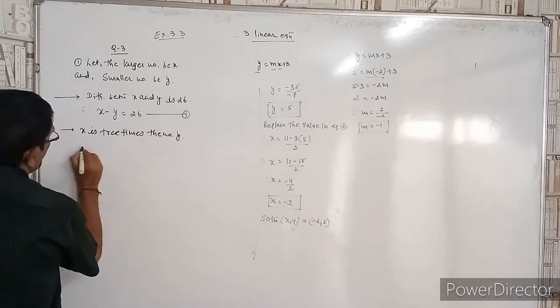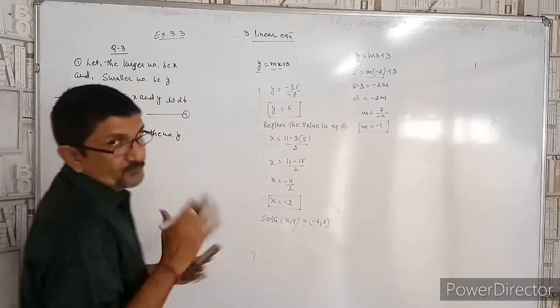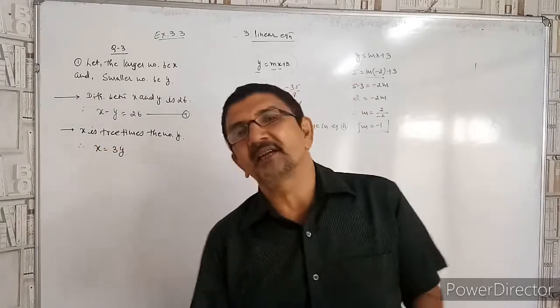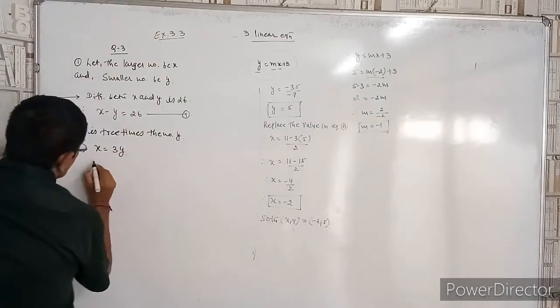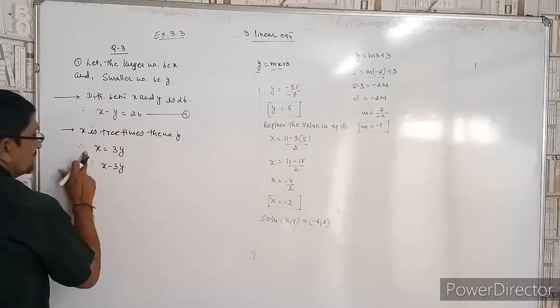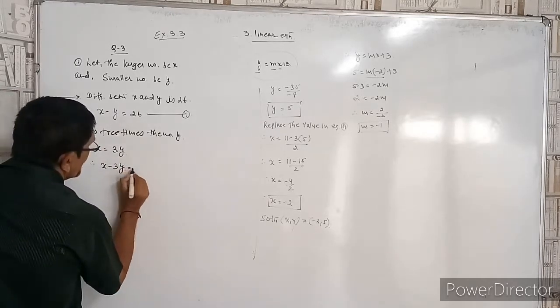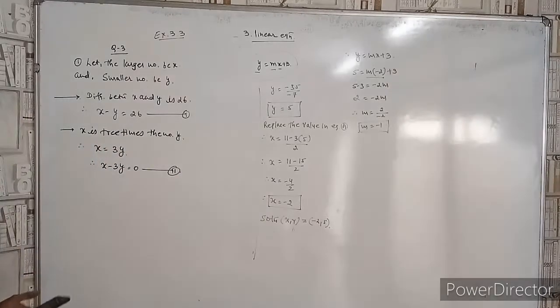That means x is equal to 3y. If y is multiplied by 3, then it is equal to x. Therefore x minus 3y, 3y shifting this side, is equal to nothing remains. So it is 0. So this is the second equation.